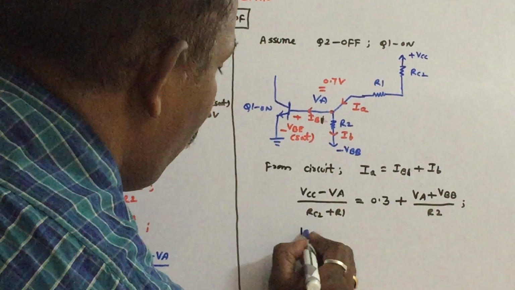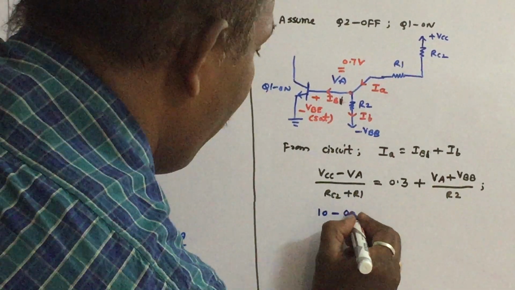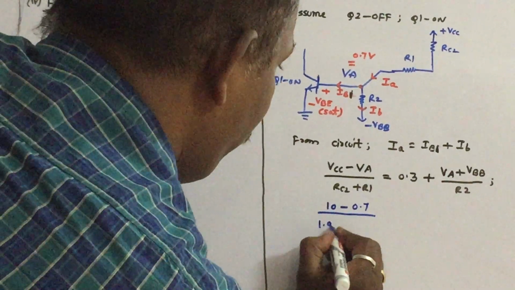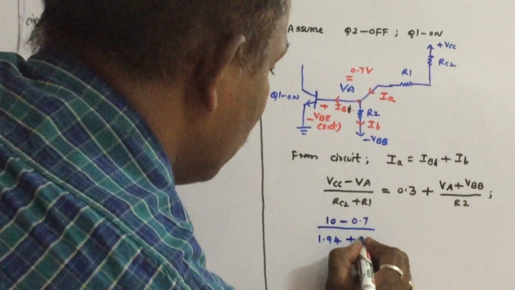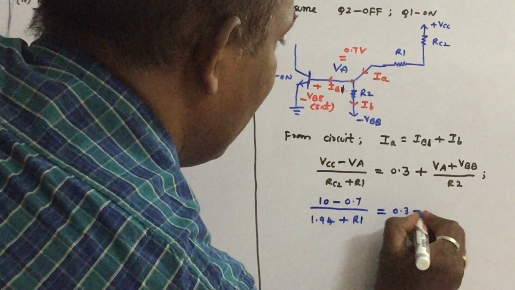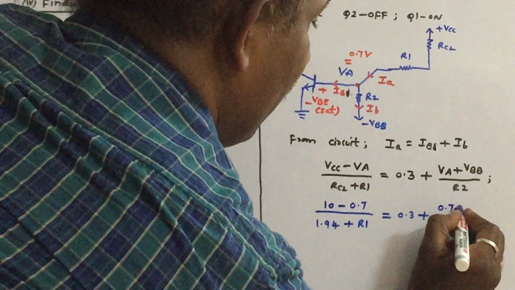VCC is given as 10 minus VA, which is 0.7, by RC2, which is 1.94, plus R1, keeping R1 as is, is equal to 0.3 plus VA, which is 0.7, plus VBB.